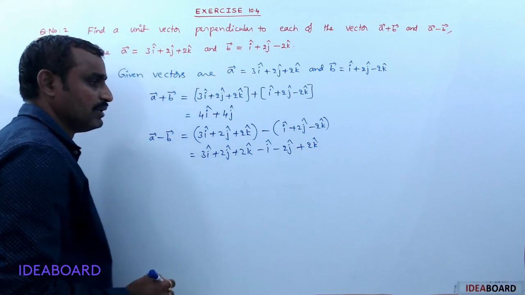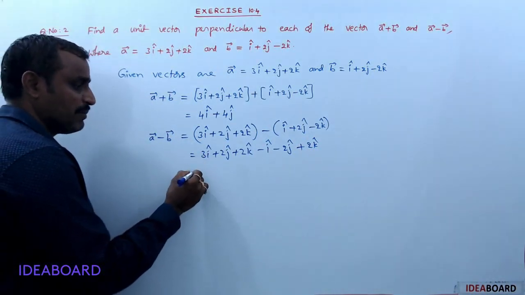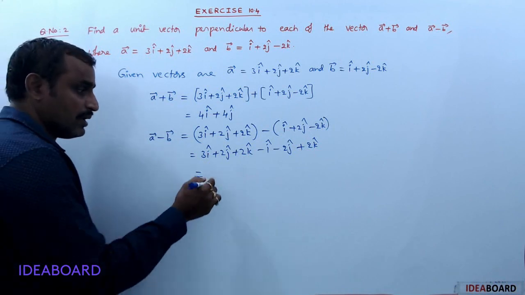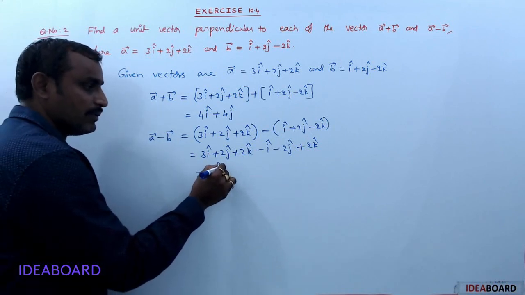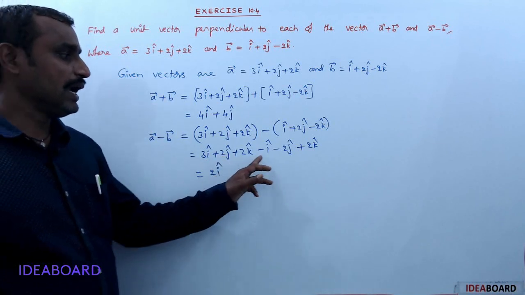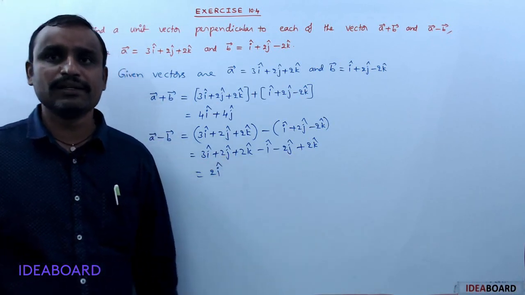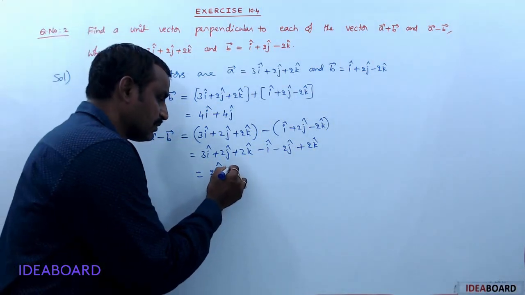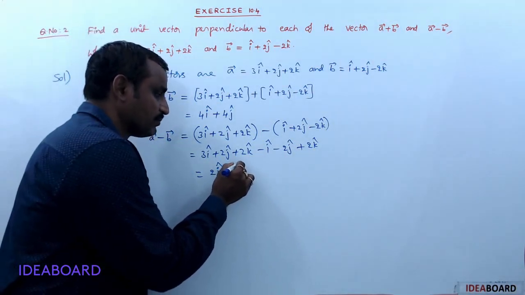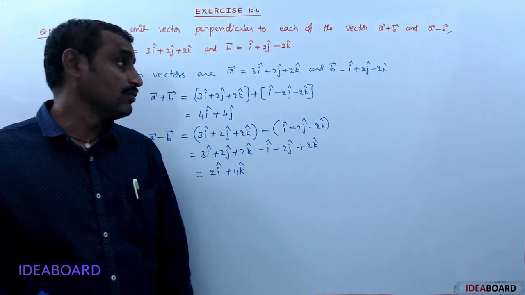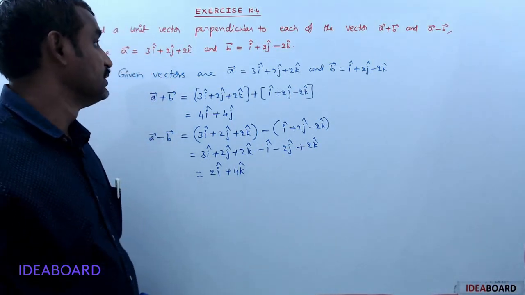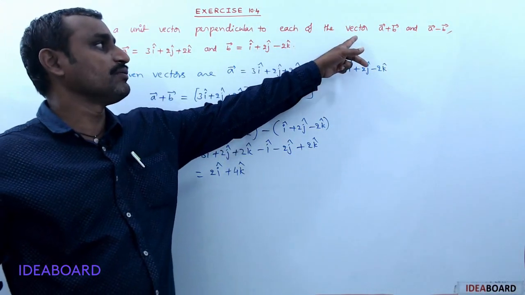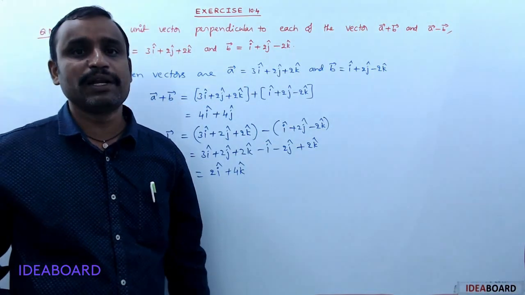So now simplify this, 3i minus i, what is the value? Plus 2i cap. 2j and minus 2j both get cancelled, and 2k plus 2k, plus 4k cap. So now we wanted to calculate the perpendicular unit vector to each of the vectors a bar plus b bar and a bar minus b bar.